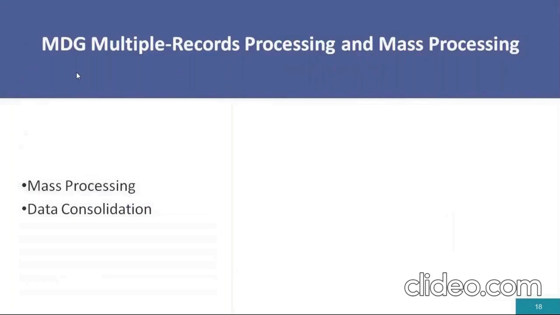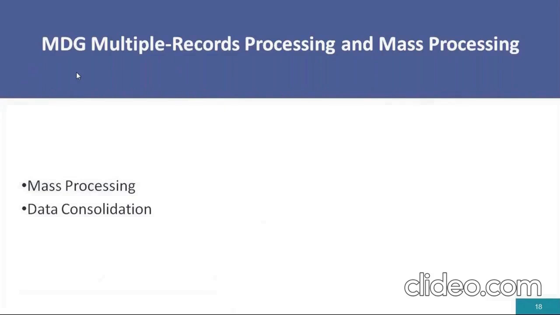Apart from that, before replications, and the slides we will rearrange a little next time, these topics will also be covered: data consolidation and mass processing. Data consolidation and mass processing is a part of this S/4 MDG feature.